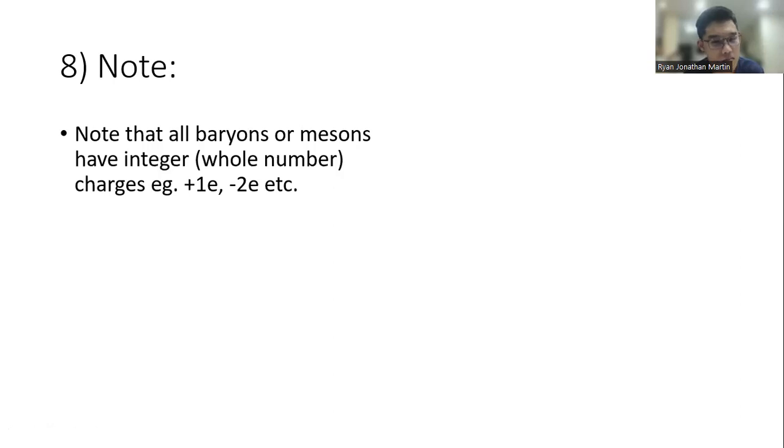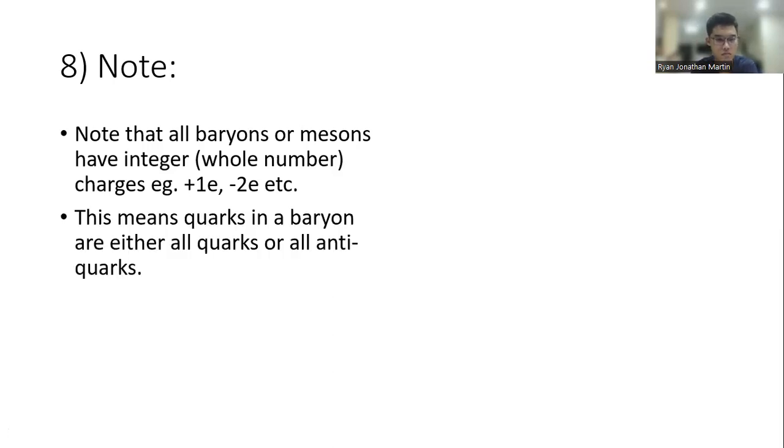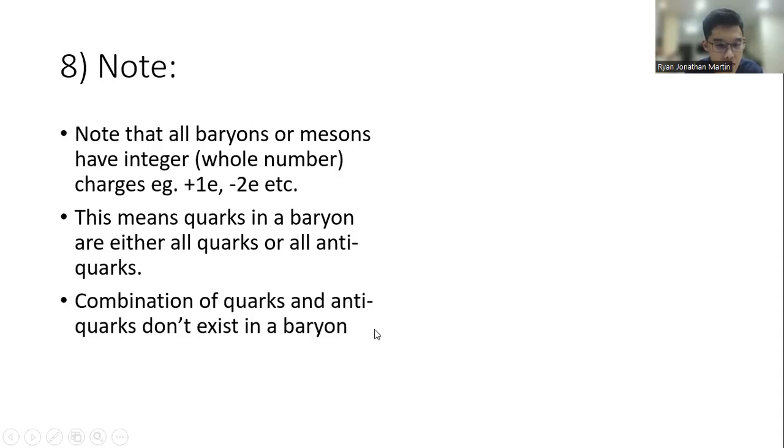Note, all baryons or mesons have integral whole number of charge. That's important. This means quarks in baryon are either all quarks or all antiquarks. Baryon, there are 3 quarks, so it can either all be quarks or all antiquarks. Cannot be a mixture.